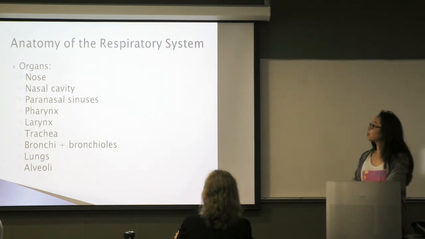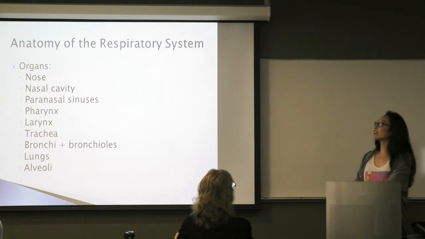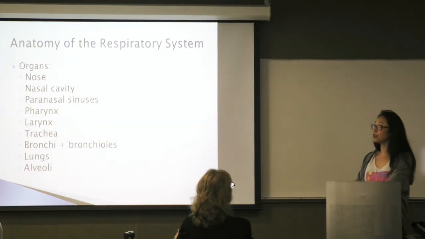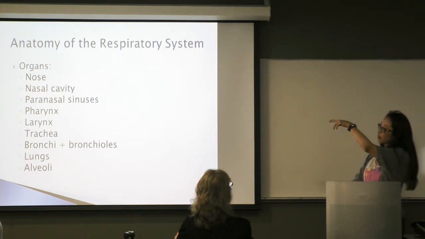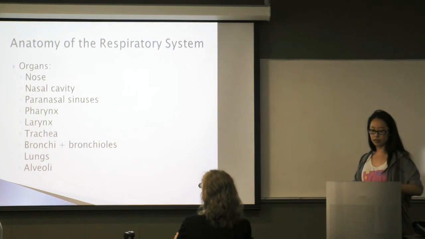And I'm not going to go through all of these in detail because it's a lot, but there are a lot of different parts to the respiratory system, and the only external part of the respiratory system is going to be the nose. So it basically starts from the nose, and the alveoli is where it ends.